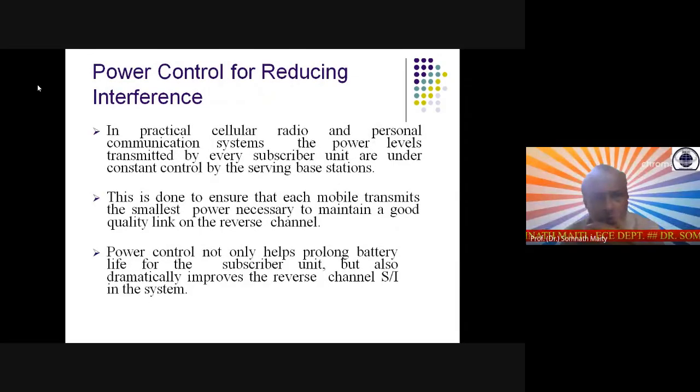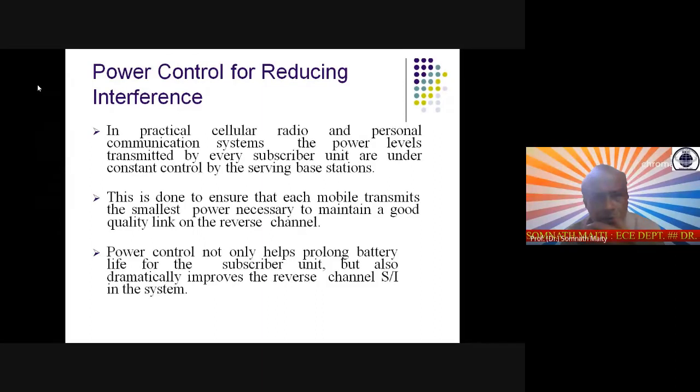This you might observe. Suppose you are nearing a transmitting antenna, that is the base station. The base station controller will control the power transmission of your mobile. It will send a certain control signal to your mobile, which in turn will control the power emission from your mobile.